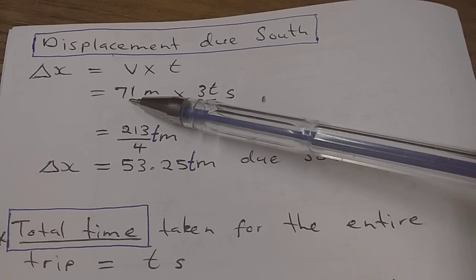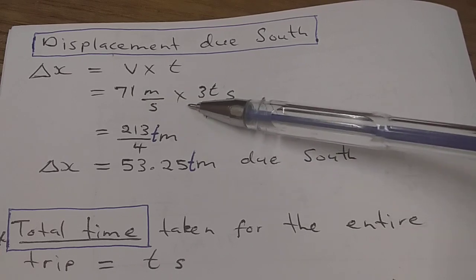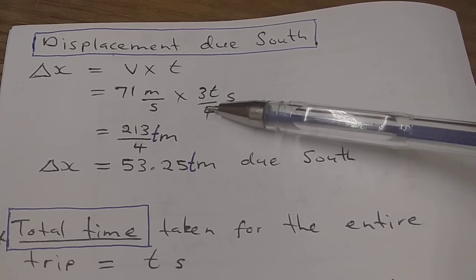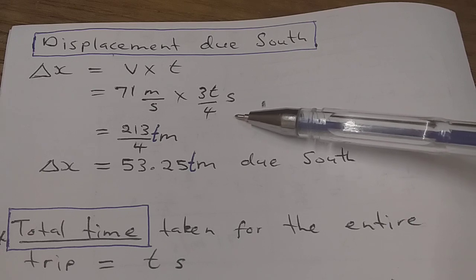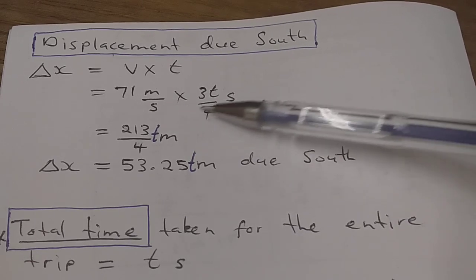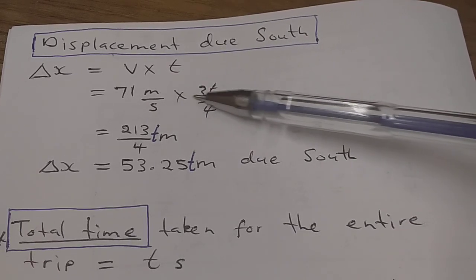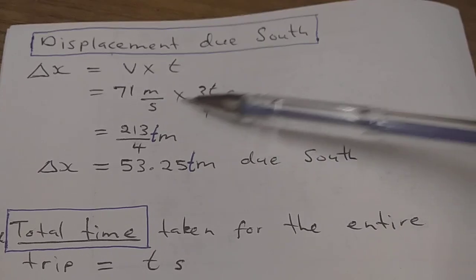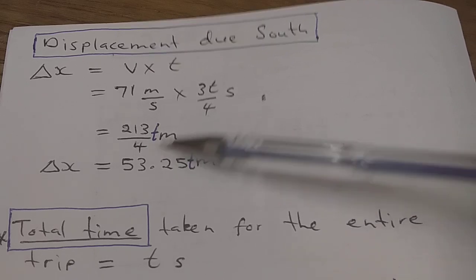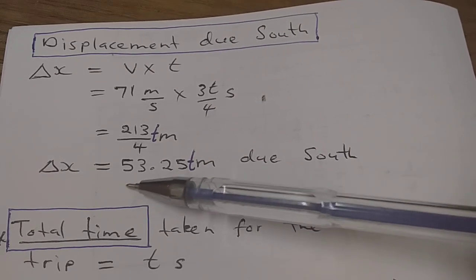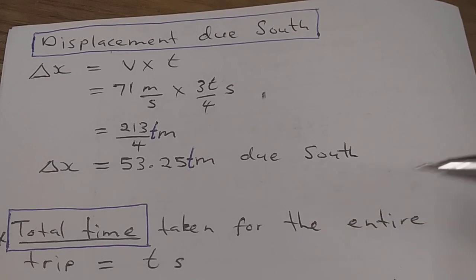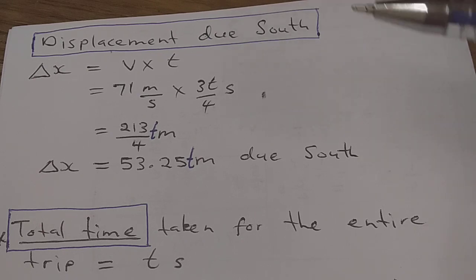So due south it is 71 meters per second multiplied by 3/4 of the time, 3/4 of t seconds. The seconds cancel each other. We are left with meters multiplied by t. So 71 times 3 is 213t meters divided by 4. So our answer is 53.25t meters due south. This is our displacement due south.